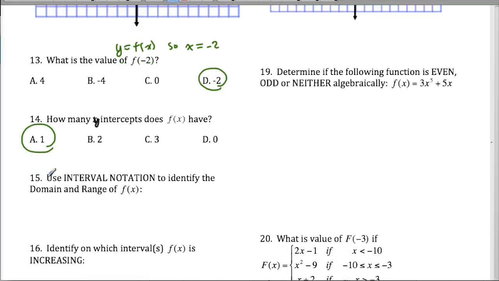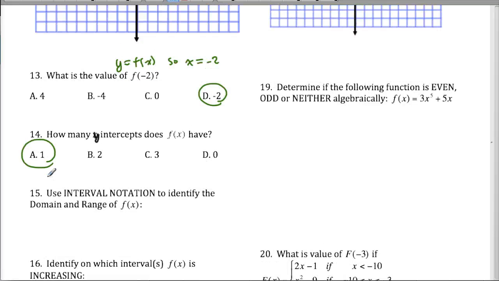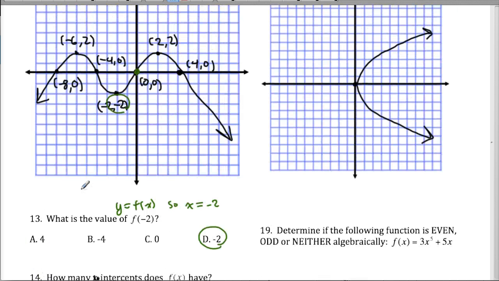Now use interval notation to identify the domain and range of f of x. Remember, interval notation is either parentheses or brackets, and it's got just 2 x coordinates, the 2 endpoints of the interval, basically, and union it if we have multiple intervals. So my domain should be relatively easy because these arrows represent negative infinity here, right, because it's going down and to the left.